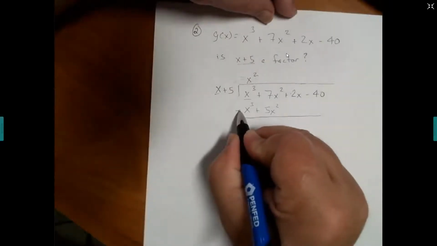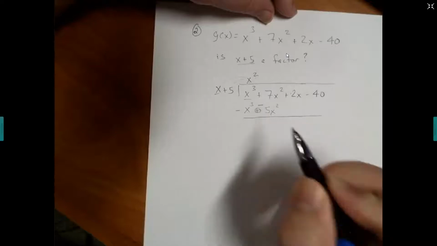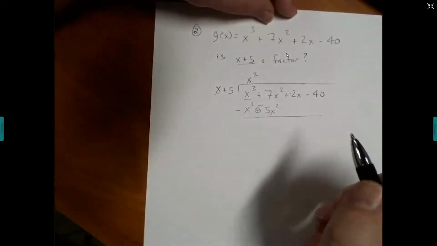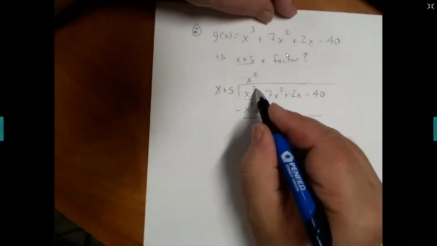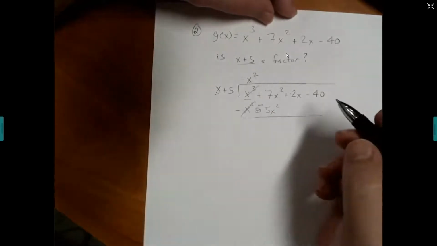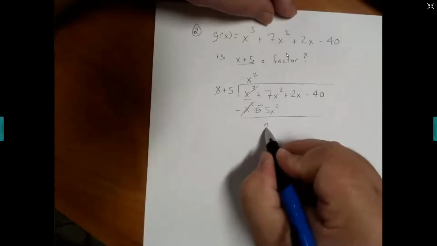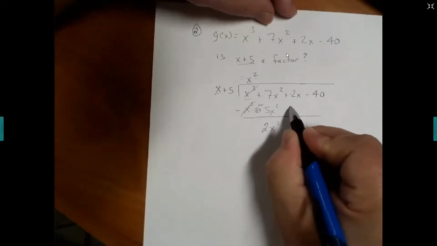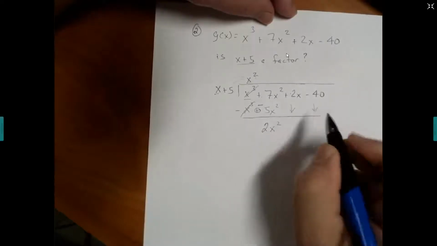Change the signs. Now add. X cubed minus x cubed, they cancel. Remember, the leading terms always have to eliminate. 7 minus 5 is 2x squared. Bring down everything else.